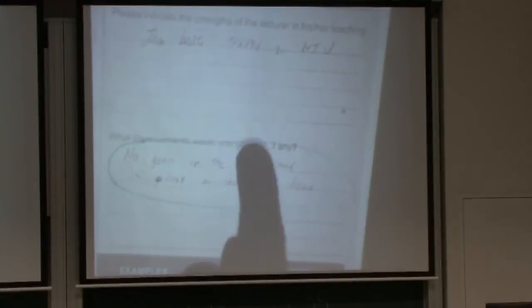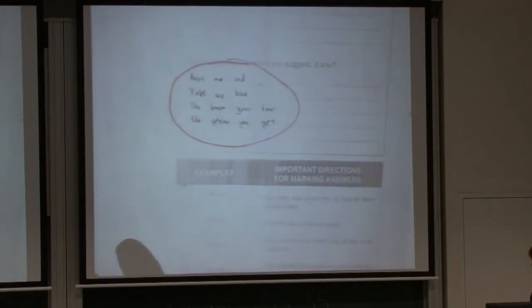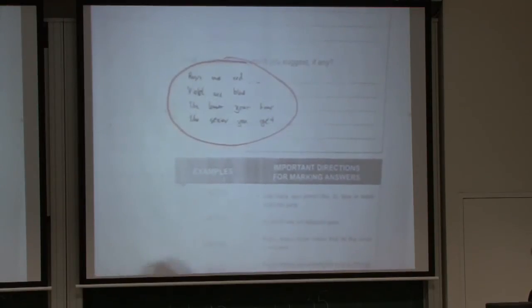Now this is one of my all-time favorites. Somebody wrote a poem and it's very nice. No grass on the busy road, no hair on the clever head. Another person wrote a poem which is not as nice as that one, but still it's a good effort. Roses are red, violets are blue, the lesser your hair, the sexier you get.